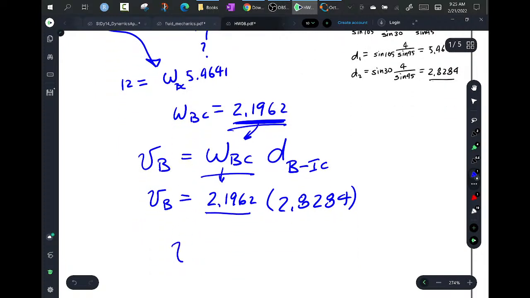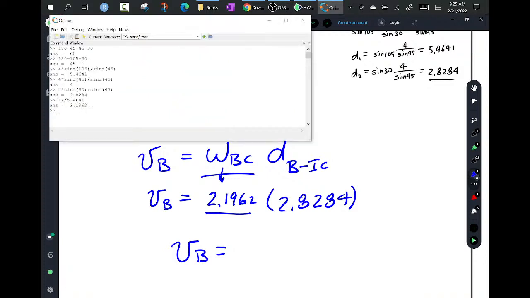So now I'll get the velocity of B, 2.2. I already have that number in the calculator here. I can arrow up and then multiply times 2.8284. I think I got it.